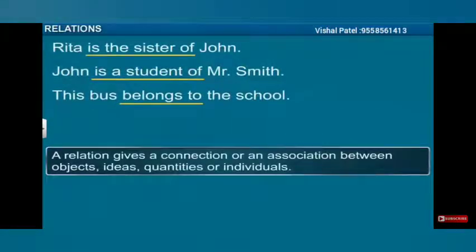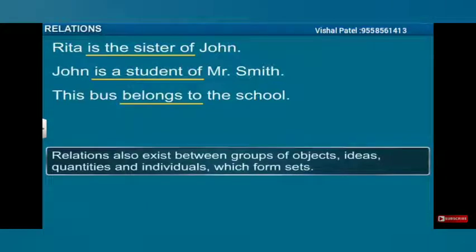A relation gives a connection or an association between objects, ideas, quantity or individuals, and it is called a relation in our normal life. So relation also exists between groups of objects, ideas, quantity and individuals which form sets.